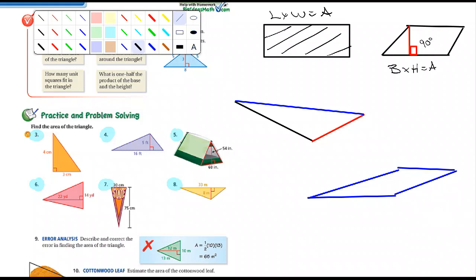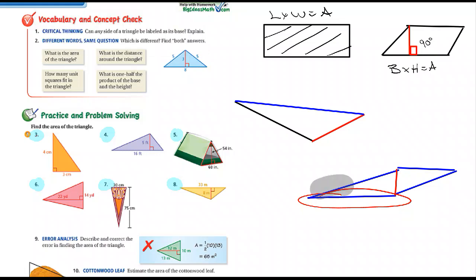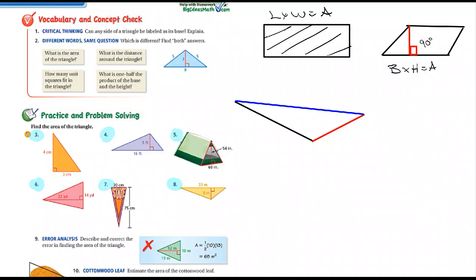So again, this would be the base right here. And then you want to figure out the height. Well, you would not measure it on this side here or this side here, because that's not the height. The height would be, roughly from there to there, which is quite a bit shorter. So for a parallelogram, it's simply base times the height.